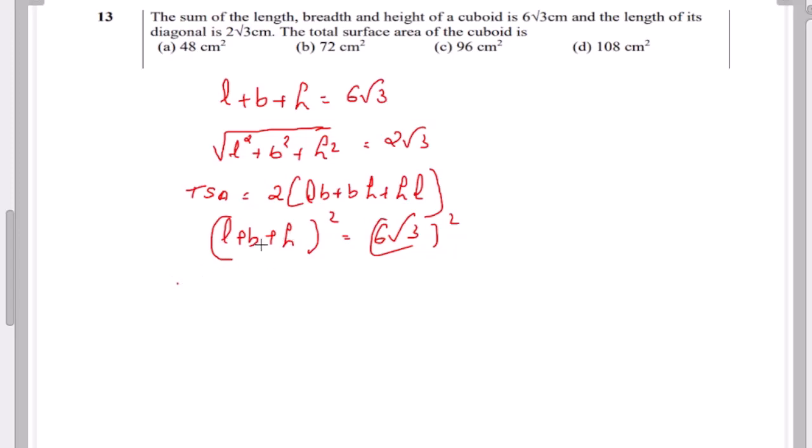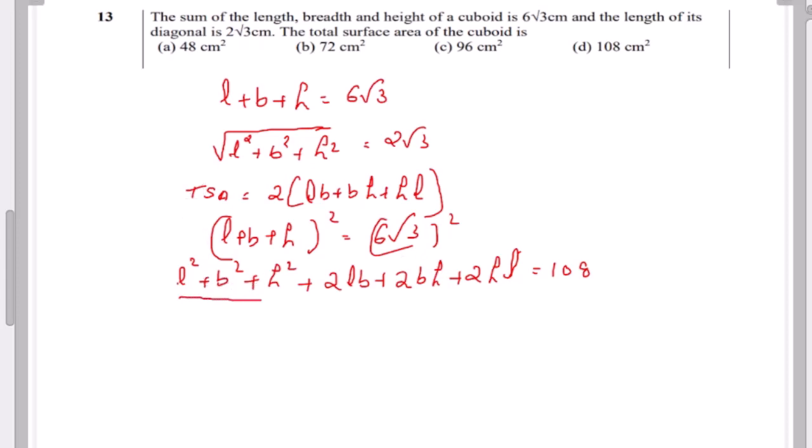Same way, L plus B plus H whole square is L square plus B square plus H square plus 2LB plus 2BH plus 2HL, which is equal to 6 root 3 whole square. 36 into 3 is 108.